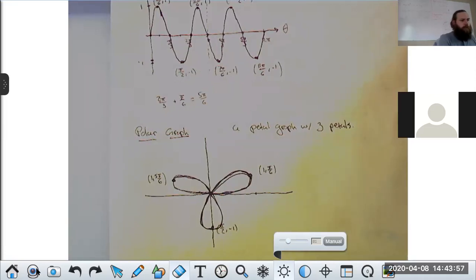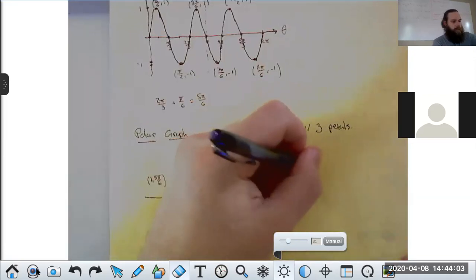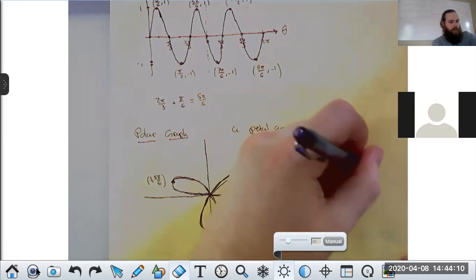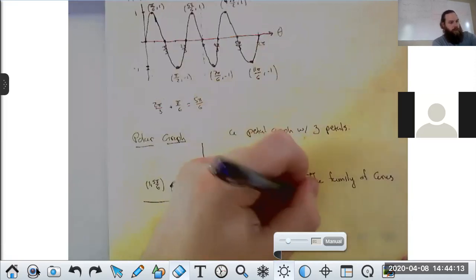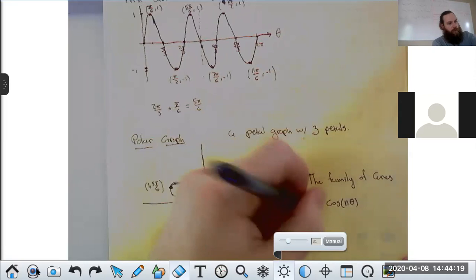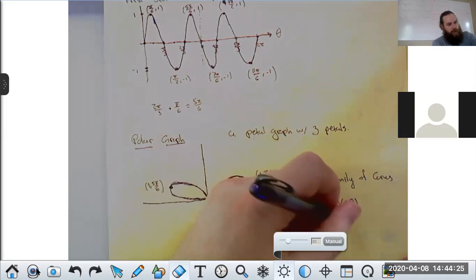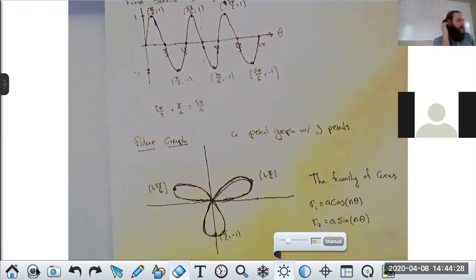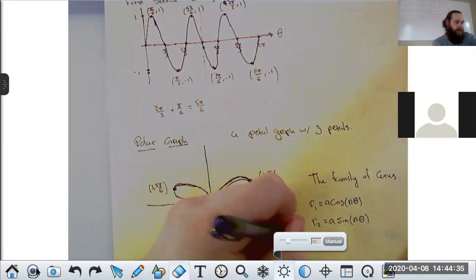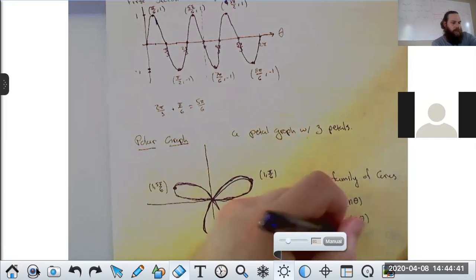I will spoil it for you. The way that this works out is that if you have the family of curves R1 equals A cosine n theta, or R2 equals A sine n theta, these will always be petal or rose graphs.